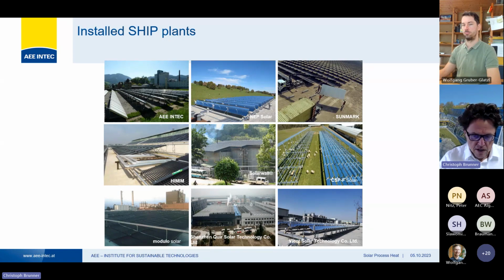So really huge collector fields, very good examples from different sectors. And all this information you can find in this database.